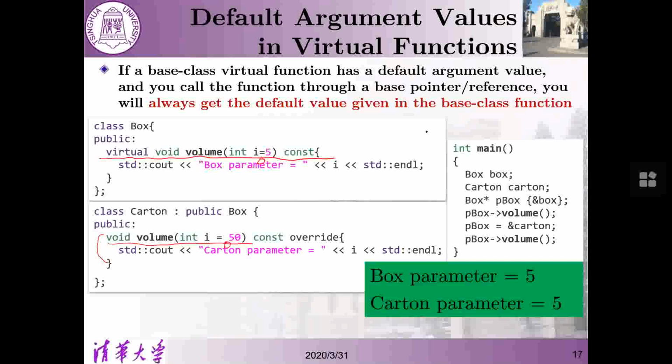Then the default value for this function call will all be 5. This is grammar. Please try not to ask me why. This is just grammar. Remember, memorize it. Okay.